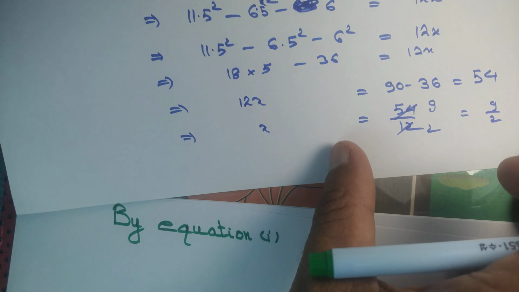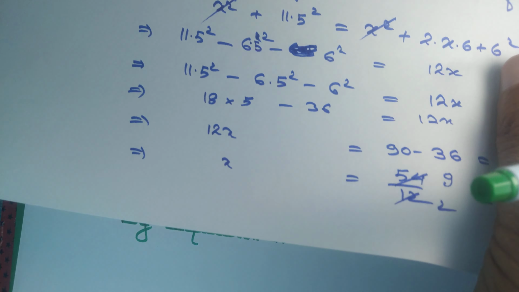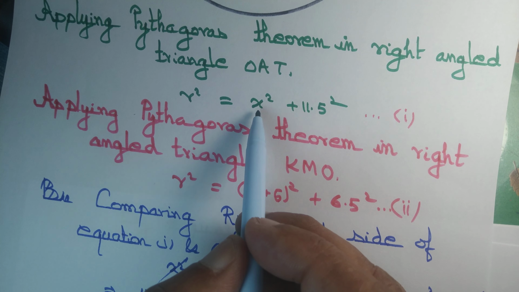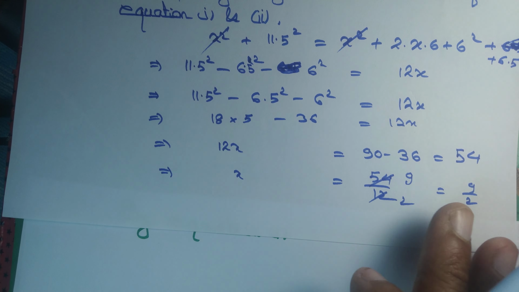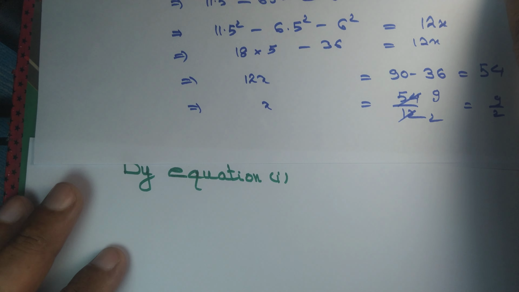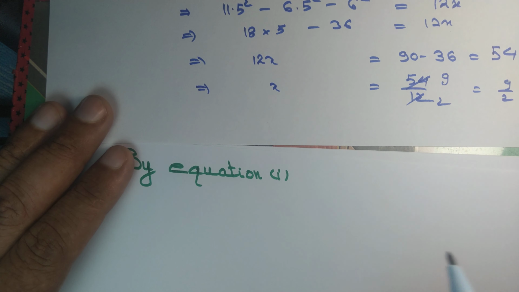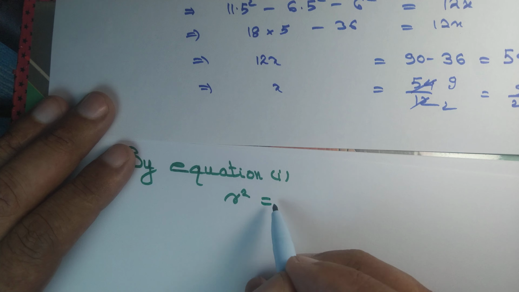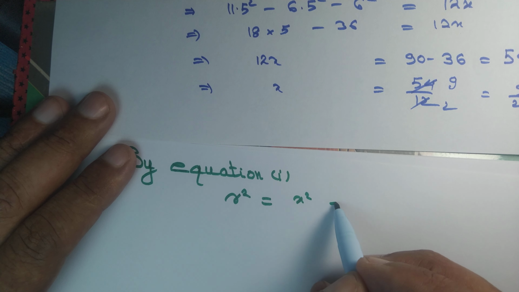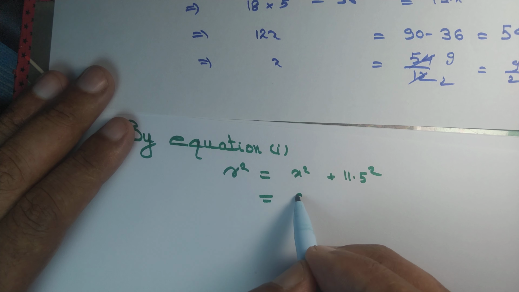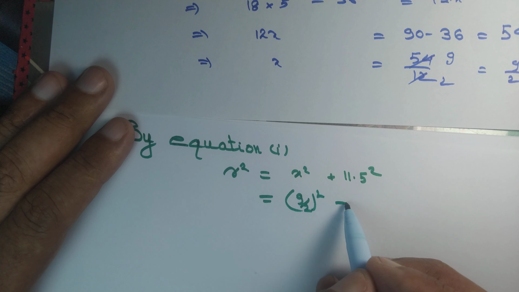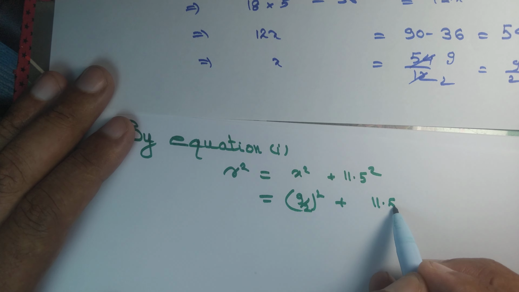Lastly, we need to determine the value of R. So we look at equation 1, R square equals x square plus 11.5 square, and solve for R. R square equals 9 by 2 square plus 11.5 square.